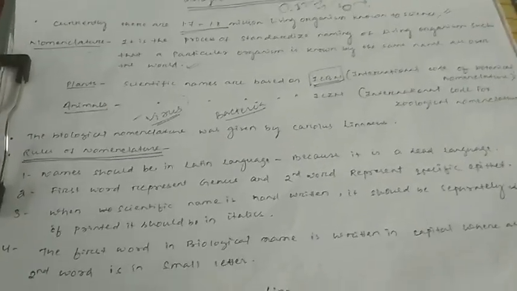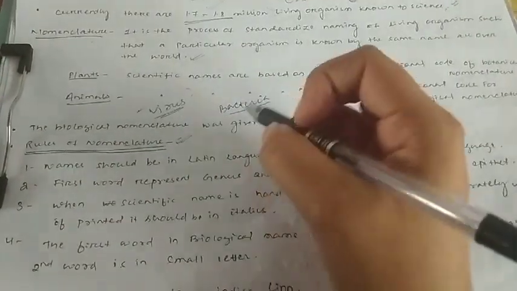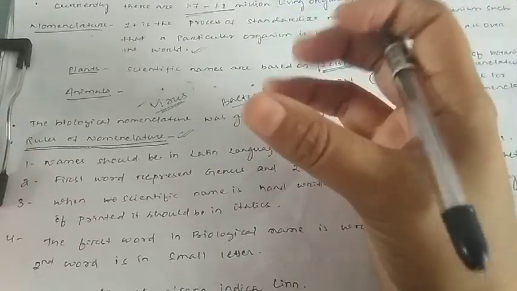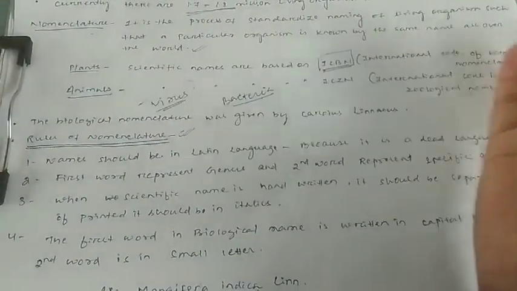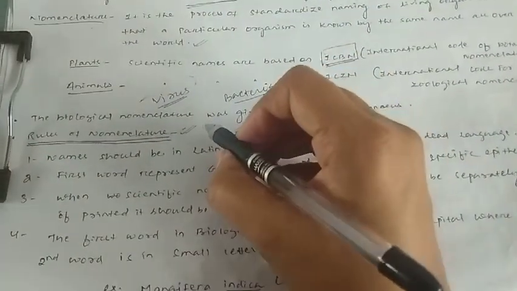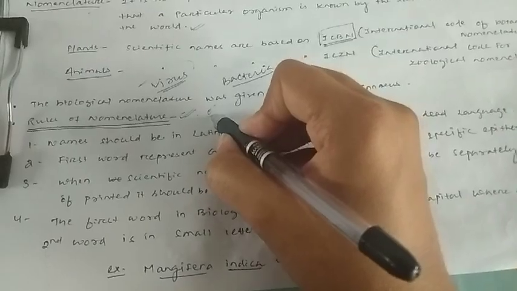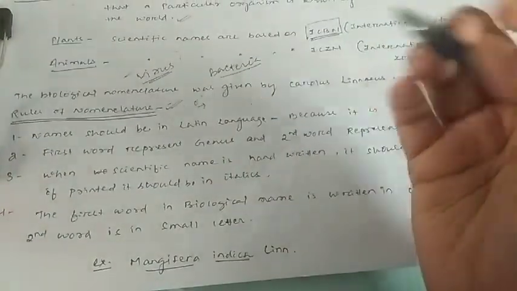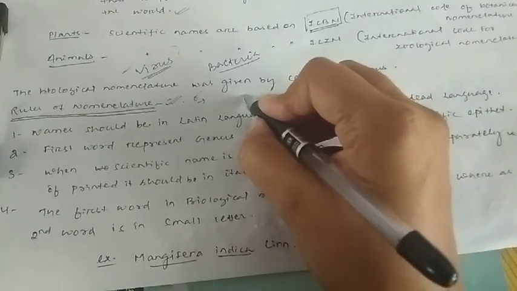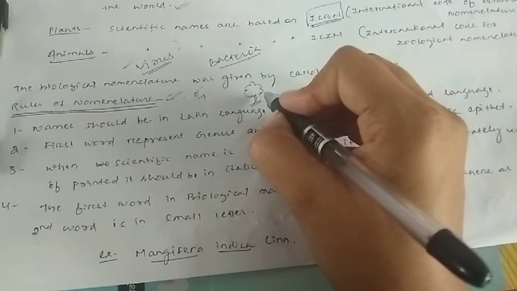So let's see what the rules of nomenclature are. You don't give a name to an organism as you like, okay? There are particular rules that you have to obey when you identify a new organism and want to name it. Suppose you discovered a new plant in your locality that had never been discovered.